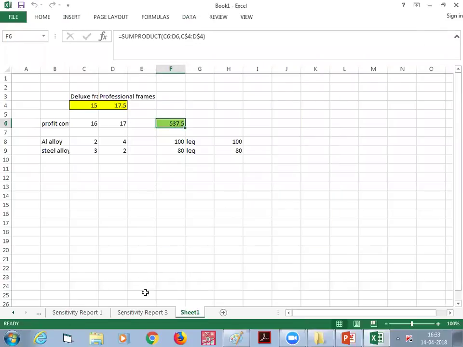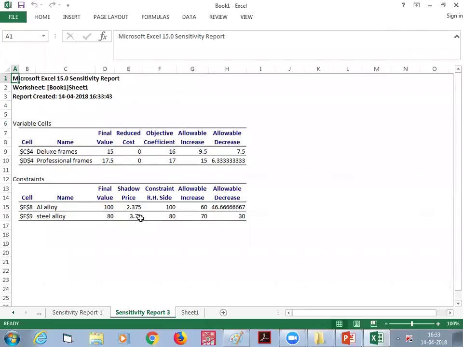No. But of course, you'll see a change here. What will the change be? The dual values will change. Why will the dual values change? Because the objective function coefficients have changed, obviously. So very, very simple.